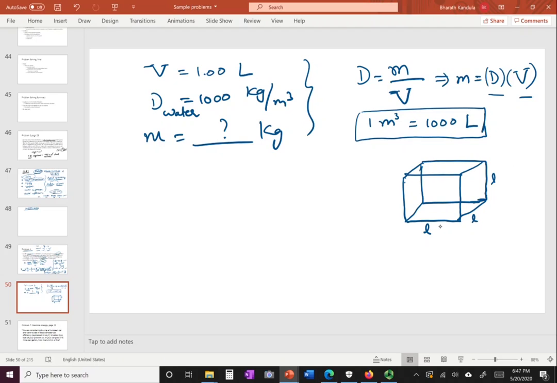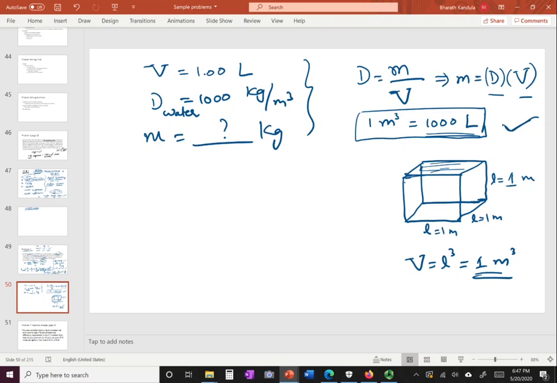So if this is equal to 1 meter, this is equal to 1 meter, this is equal to 1 meter, then the volume is equal to L cube, which is equal to 1 cubic meter. So you can imagine a cube with 1 cubic meter volume and fill it with water. How many liters of water will fill this cube? Exactly 1000 liters.